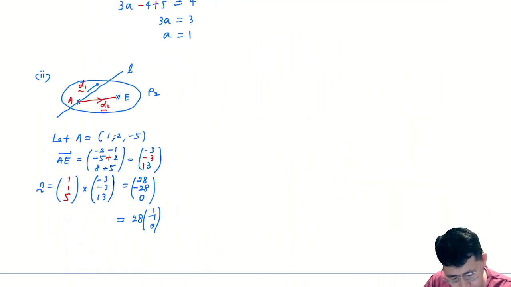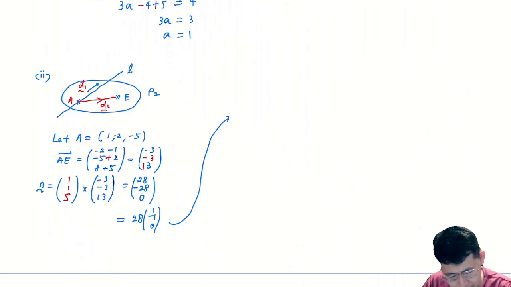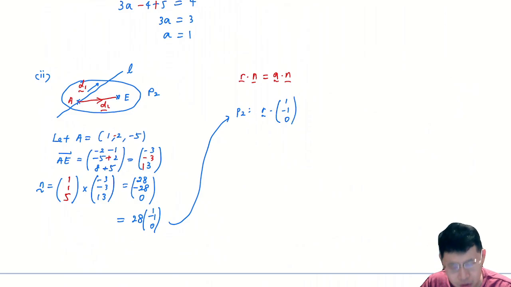After this step, what we're going to do next is make use of a point and the normal to form the equation of the plane, using the scalar product form. So plane P2 would be in the form of r dot the normal vector. The normal vector will be just the direction, so I'm going to use 1, negative 1, 0.